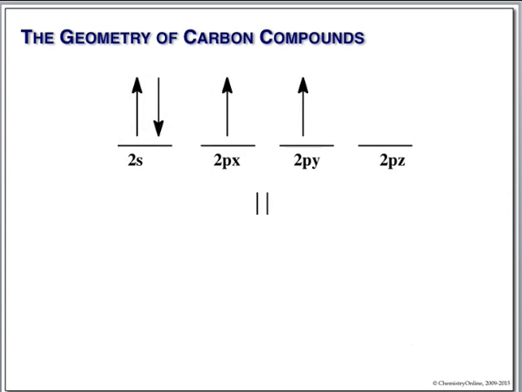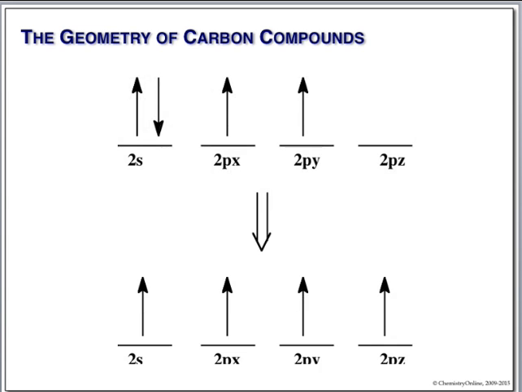What we're actually going to do is to take these and split them up. We're going to demote one of these guys to a p orbital, so we have 4 equivalent electrons here. Now, this gives us 3 in p orbitals and 1 in an s.